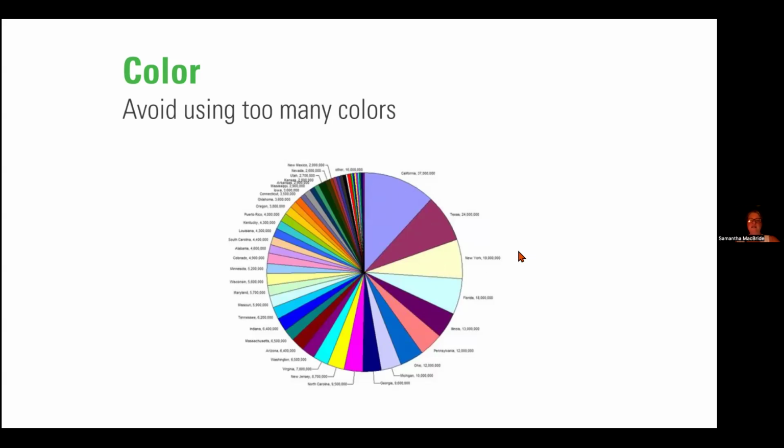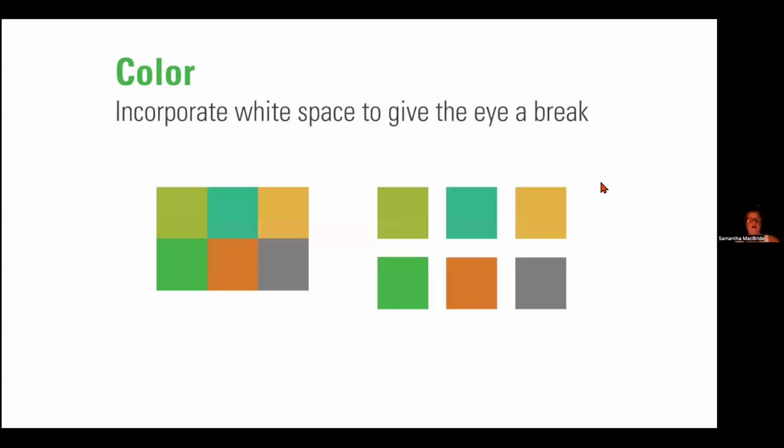So for something like this, we might make a pie chart that collapses all of these smaller slices of the pie that have smaller quantitative numbers associated with them into a little table on the side or a breakout chart, and just summarizes. This says California, Texas, New York, Florida, Ohio, Pennsylvania, and then maybe other. Everything else would be other.